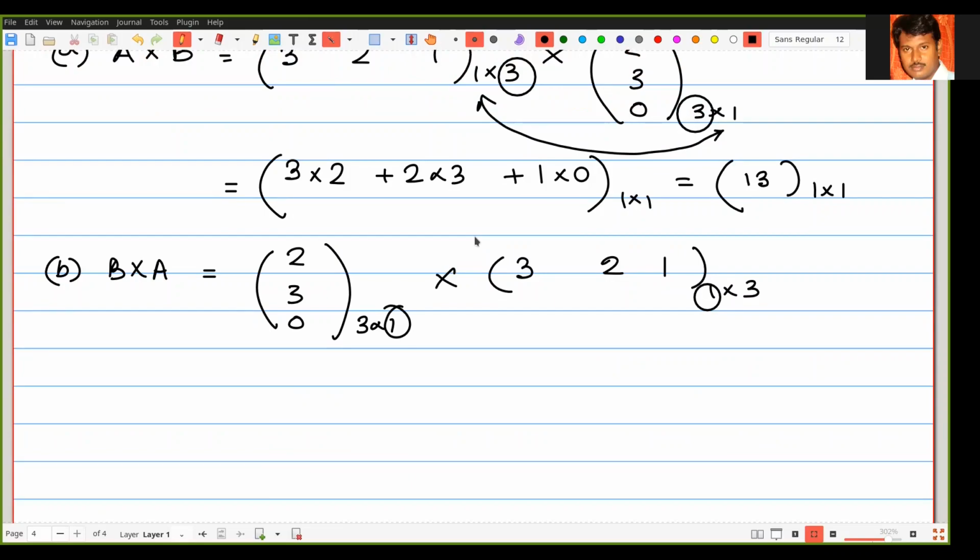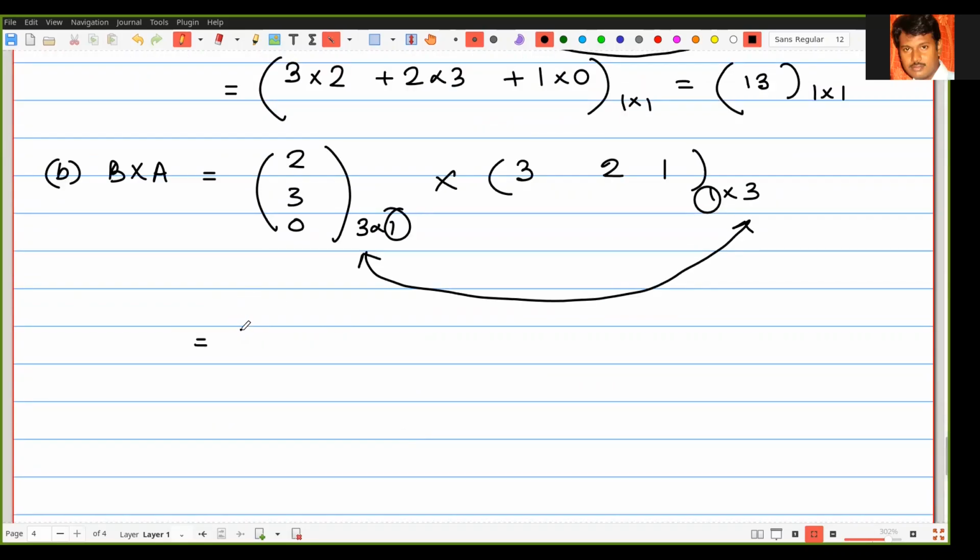The column number of B is 1 and the row number of A is 1, so obviously the resultant matrix would be 3 cross 3, and the matrix multiplication is possible.